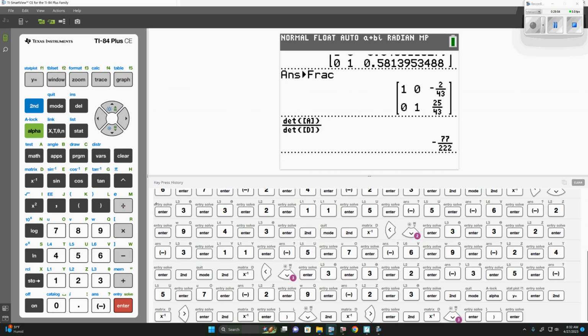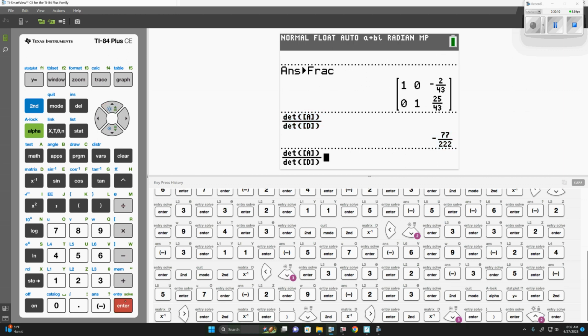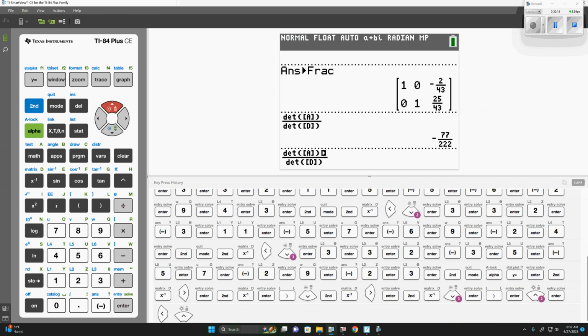Negative 77 over 222. Then we could go through that process again. We can go alpha y equals enter. Determinant of B over determinant of D. And then do the same thing with determinant of C over determinant of D. Or I can select it and bring it down, because the only thing changing is that I don't have A anymore.